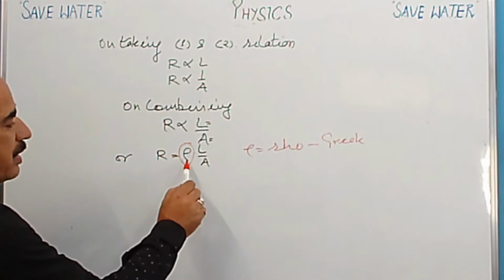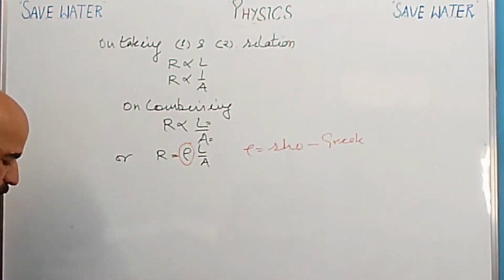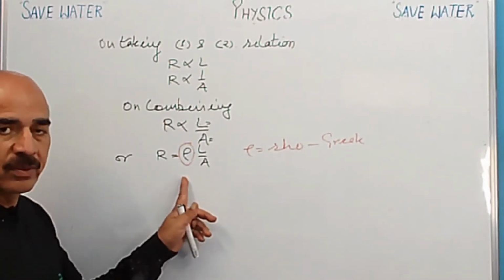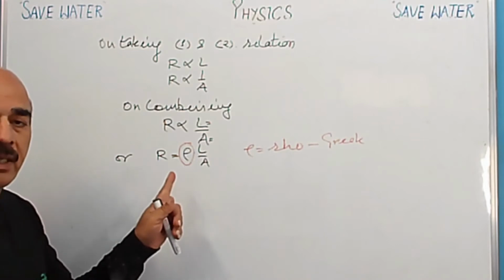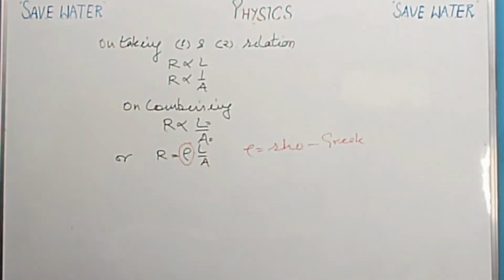So this is called resistivity, or we call it specific resistance also.